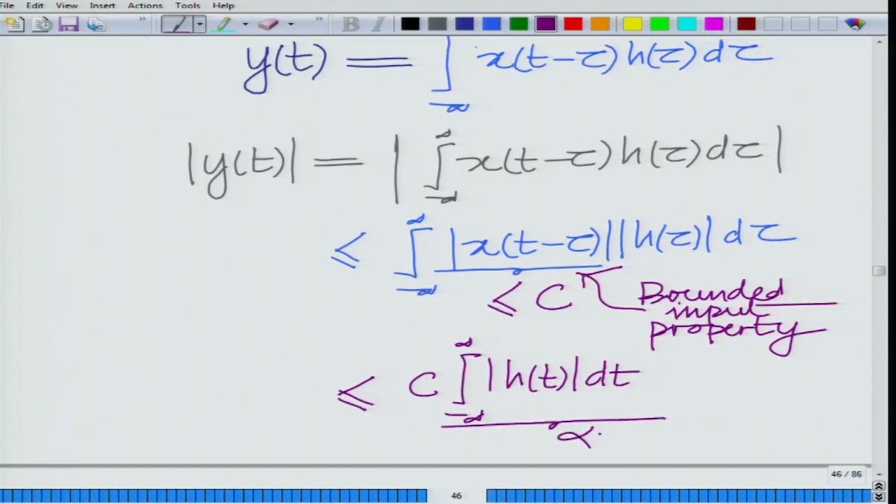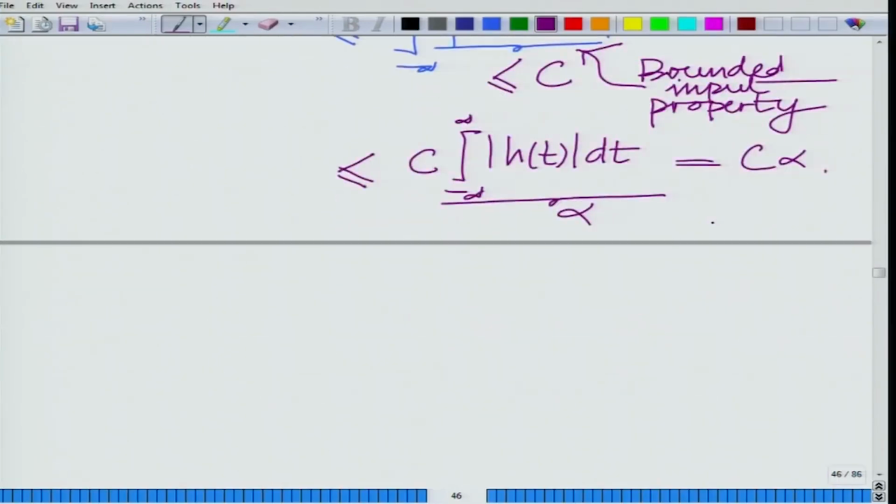This we said is alpha, so this is equal to c times alpha. This implies that magnitude y t is less than or equal to c times alpha, which implies that the output y of t is bounded.